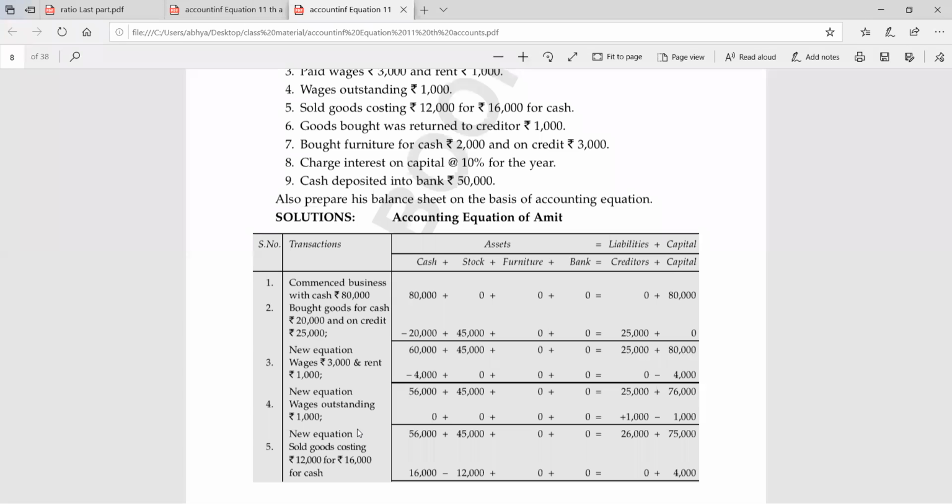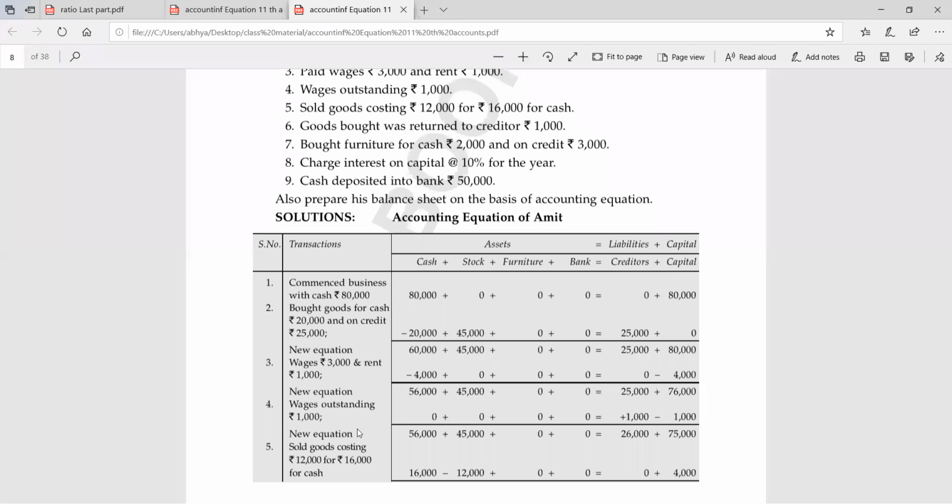You cannot write outstanding expenses in creditors because creditor and outstanding expenses are two different terms. Creditor means the person from whom we have purchased goods on credit, and outstanding expense means we have taken some services from a person until now we have not made him payment. Okay, so you just write in your notebooks after creditors, just write one more.